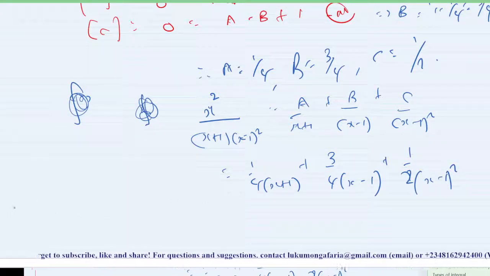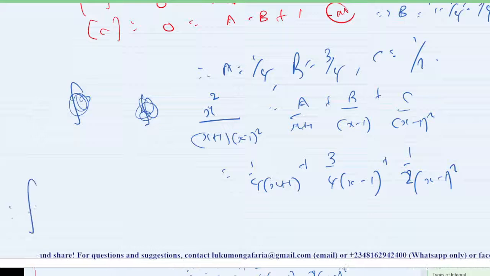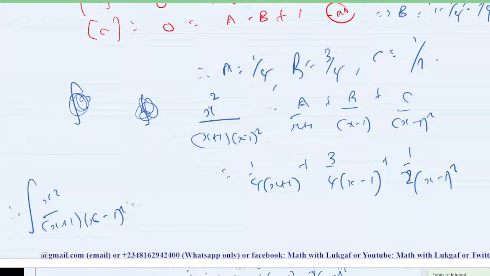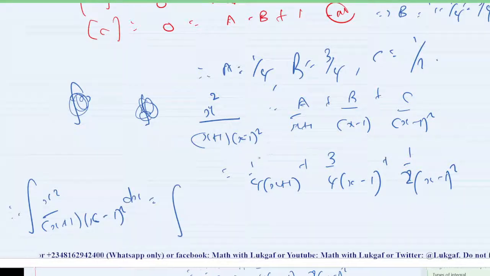You understand? So if I now want to integrate, therefore integral x squared divided by x plus 1, x minus 1 squared dx. Don't forget your linearity property.